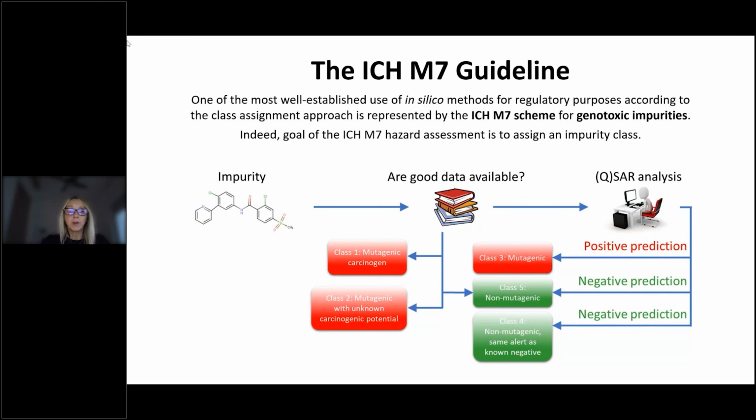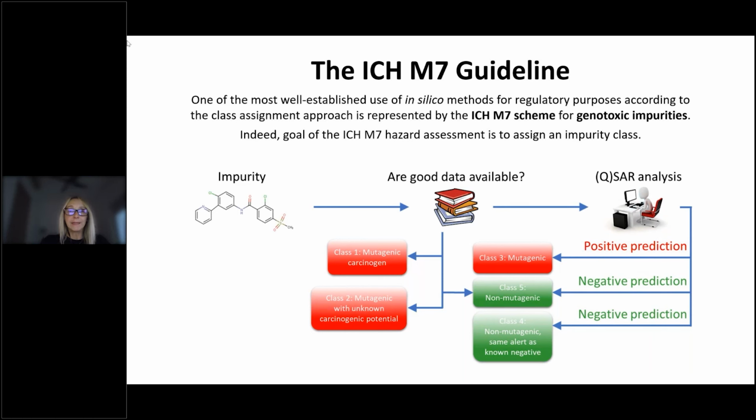And if good data are identified and retrieved, then these data are used to assign a given impurity to class 1, which is made of impurities that are mutagenic and carcinogenic, or to class 2, that is made of impurities that are known to be mutagenic but with an unknown carcinogenic potential, or to class 5, that is the class composed by impurities that are assessed as not mutagenic.